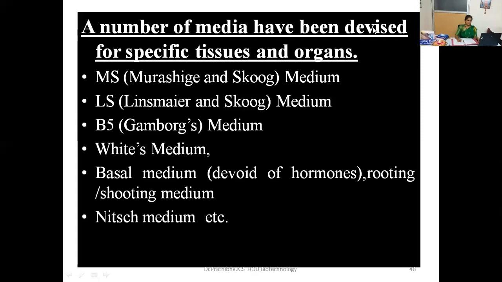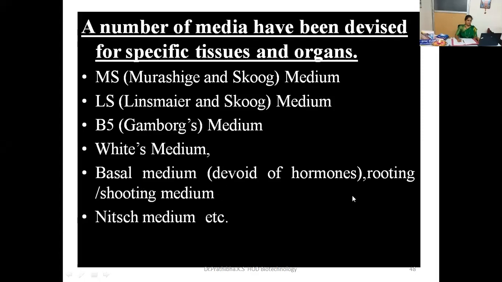A number of media have been devised for the growth and development of specific tissues and organs. To name a few: MS medium, that is Murashige and Skoog medium, LS, Linsmaier and Skoog medium, B5, also known as Gamborg's medium, White's medium, and Nitsch medium. Apart from these, we also have basal medium, which is devoid of hormones.